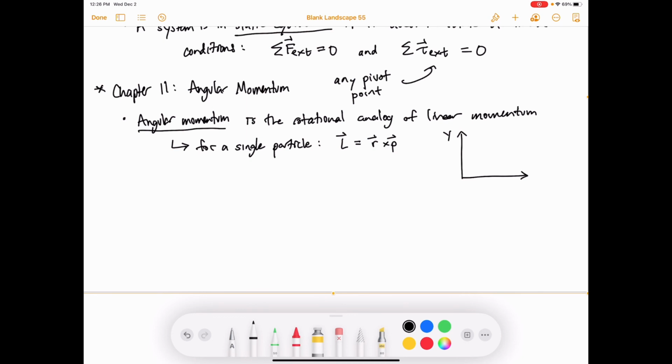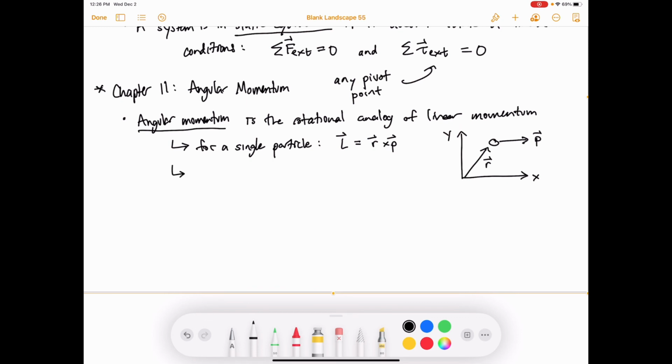If we have some kind of coordinate system like this, and this is your particle, and this is its linear momentum P, the R vector is just its position. So you go from the origin of the coordinate system to the location of that particle, and if you take R cross P, you get the angular momentum of that particle.